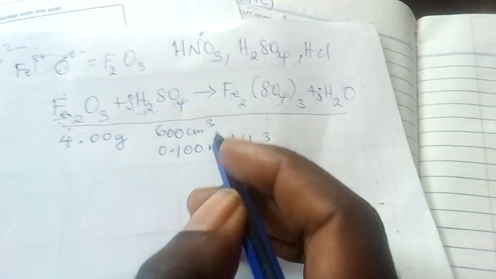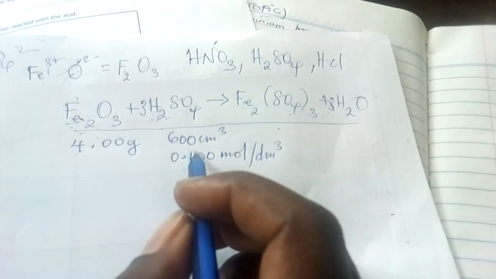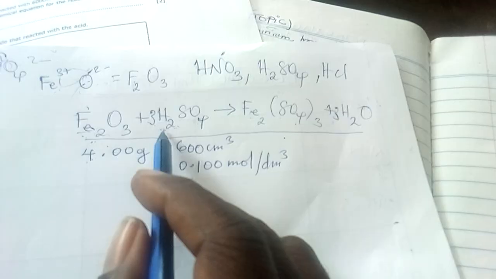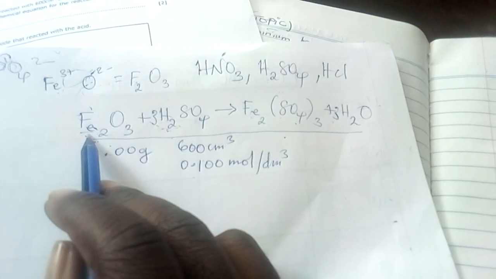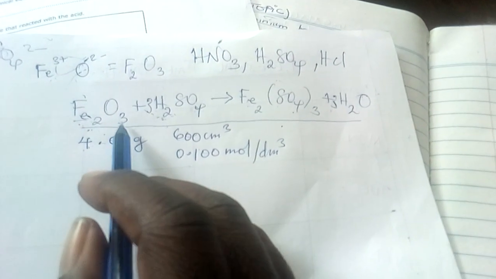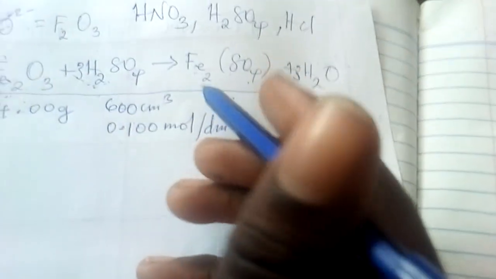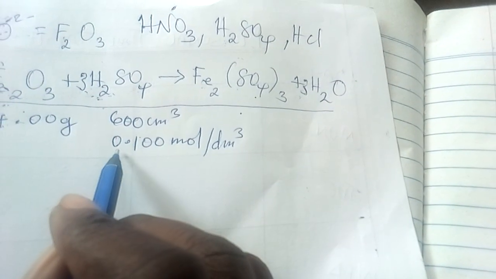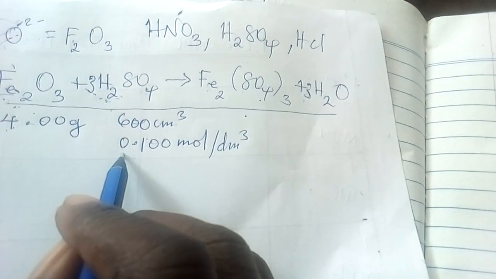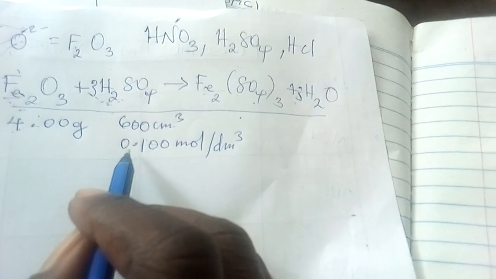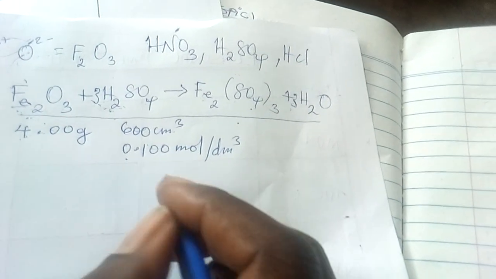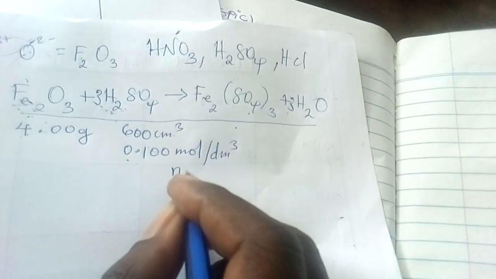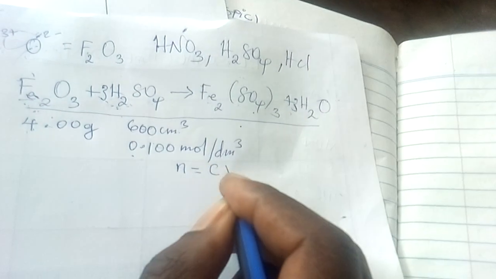So then we have to determine the number of moles of this sulfuric acid that reacted with this iron oxide. How do we calculate the number of moles? In this case, we have the volume and the concentration. We have that formula to say number of moles equals concentration times volume.